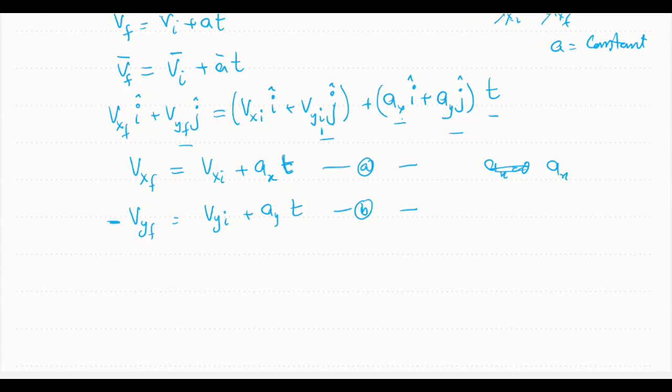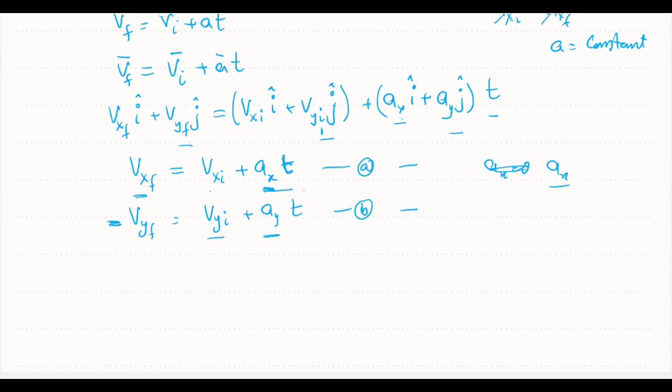The y component of velocity will depend only on the initial value and Ay. Similarly, Ax will only influence the x component of velocity. If Ax is 0, then this whole term becomes 0, and the x component will not change. But the important thing is the x component of acceleration does not affect the y component of velocity.